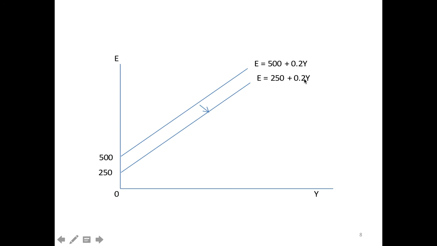The slope is the same, so if your income is $1,000 multiplied by 0.2, you annually pay $200 plus $250, which is $450. So basically, we have a parallel shift downward. It means your fixed cost decreased, no matter how much you earn here.